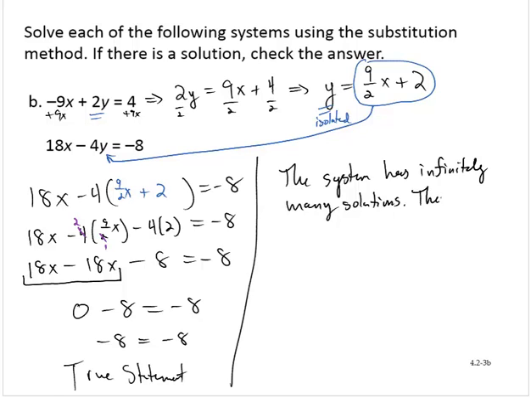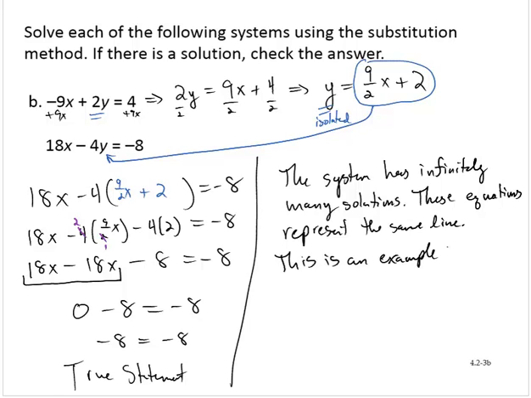So these equations represent the same line. And this is an example of a consistent and dependent system.